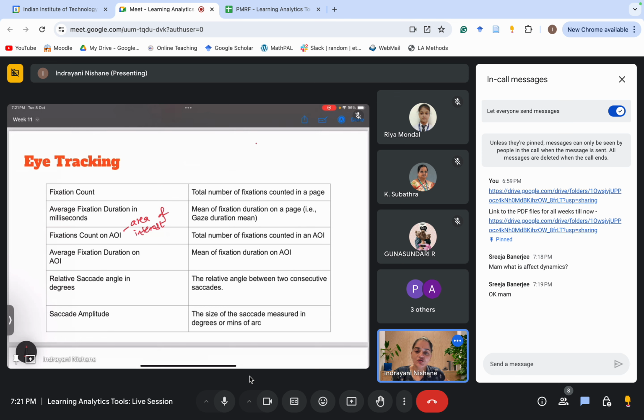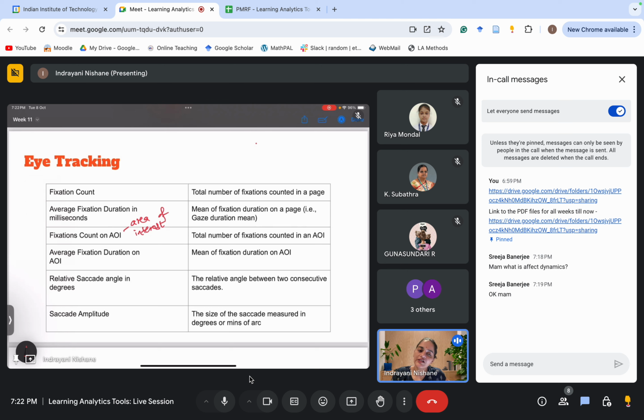We are concerned with the students' eye gaze in that particular area only, and we are interested in how many times the student is fixating on our area of interest. So for the AOI we can again count the number of fixations and the average fixation duration, all pertaining only to the set of coordinates bounding our area of interest.